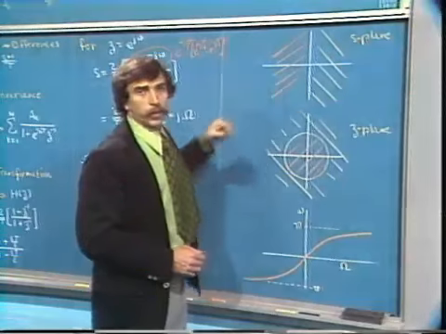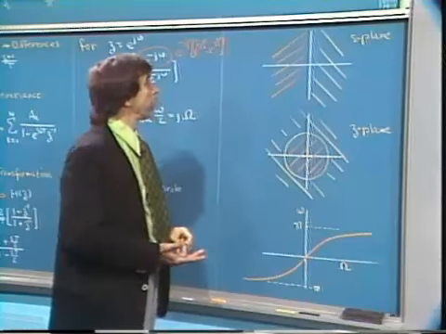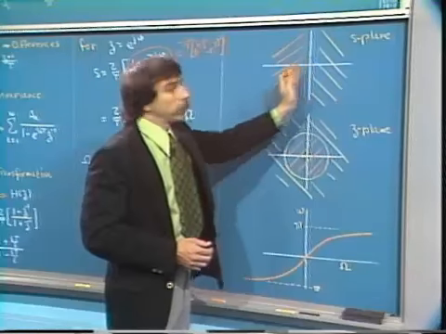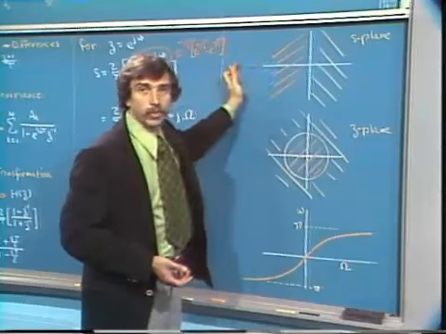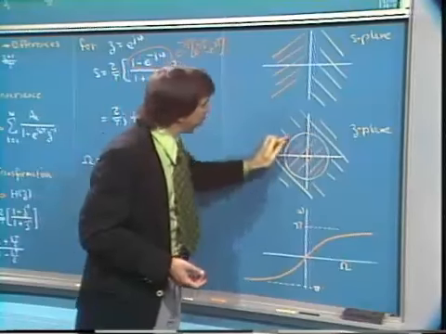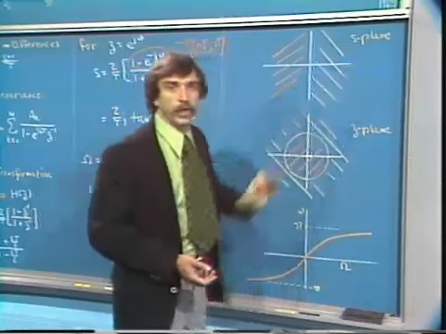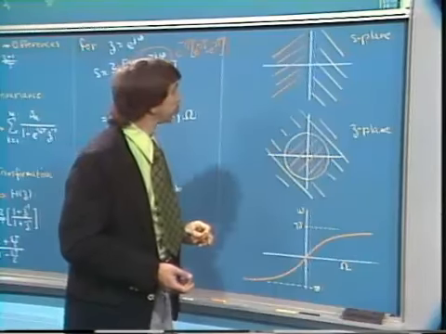An additional point about the bilinear transformation, which I'll state simply and leave it to you to verify, is that the bilinear transformation has the property that the left half of the S-plane gets mapped to the interior of the unit circle, and the right half of the S-plane gets mapped to the exterior of the unit circle.